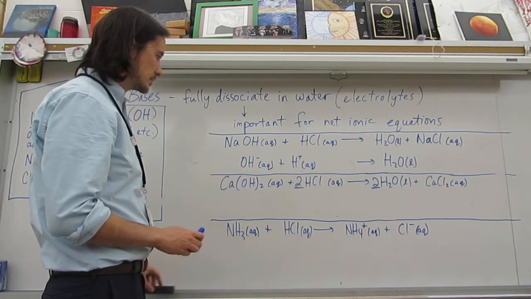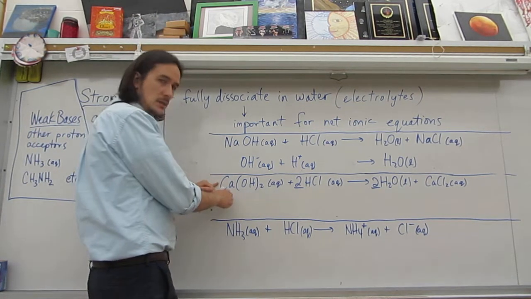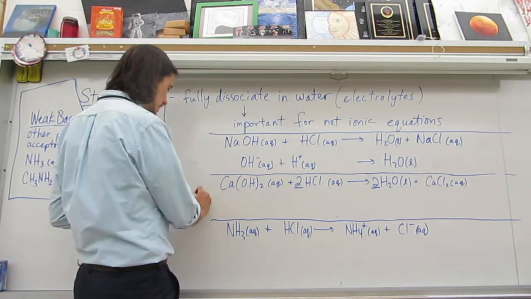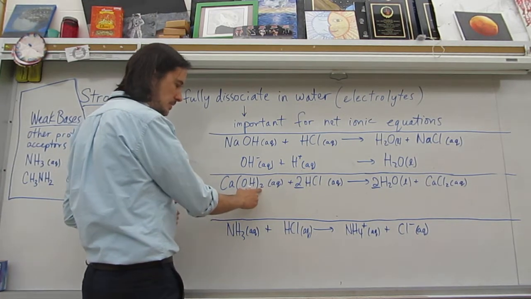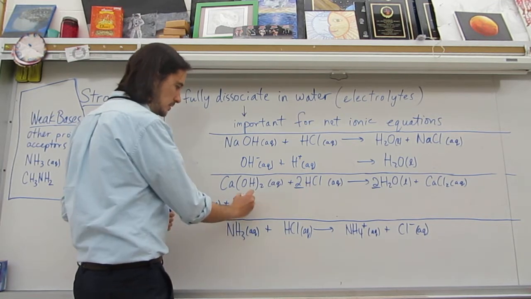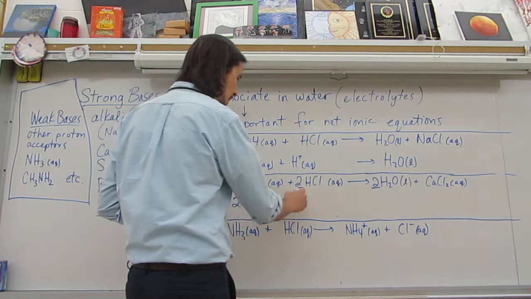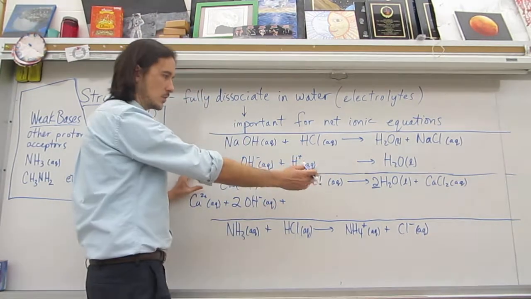Next one is calcium hydroxide plus 2HCl. Calcium hydroxide is one of the strong bases, so I'm going to dissociate the ions in water. That 2 is a subscript here, but it's going to end up being a coefficient. There are 2 hydroxide ions. Now I have a 2 in front of the HCl that balances this equation.